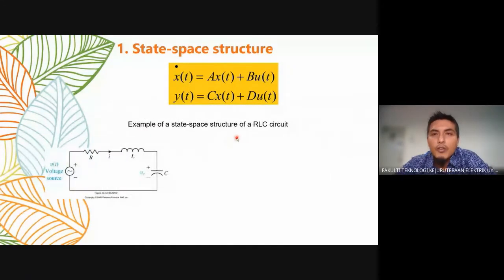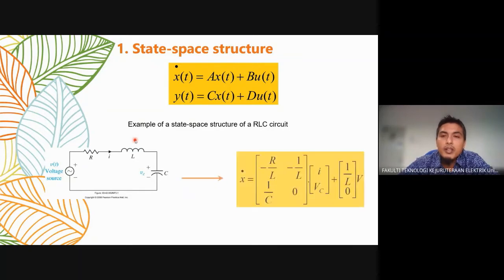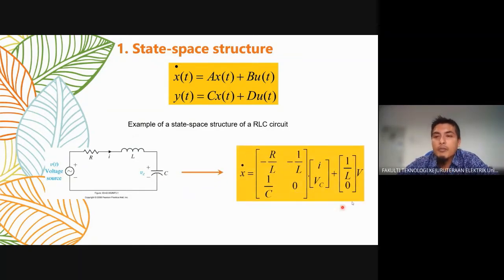Okay, so this is an example of a state space structure of an RLC circuit. Let's say I give you this kind of circuit, an RLC circuit. Normally for this example, this is the form of the state space. From this circuit, you can do the modeling and convert this circuit into this state space form. You can see that this is x dot here.